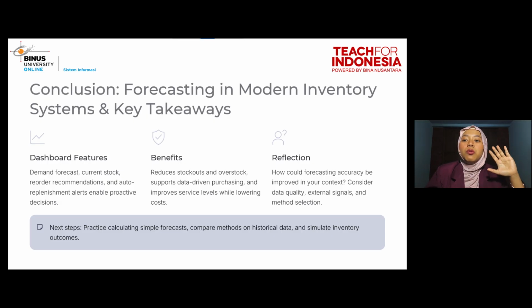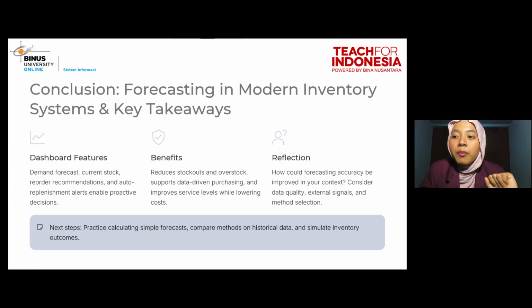Managers can view current inventory levels, demand forecasts, reorder recommendations, and replenishment alerts through a centralized dashboard. These systems support proactive decision making by providing timely information before shortages or overstock situations occur.